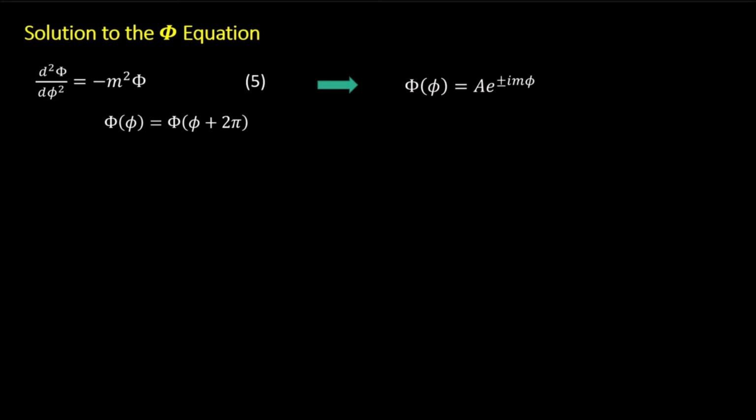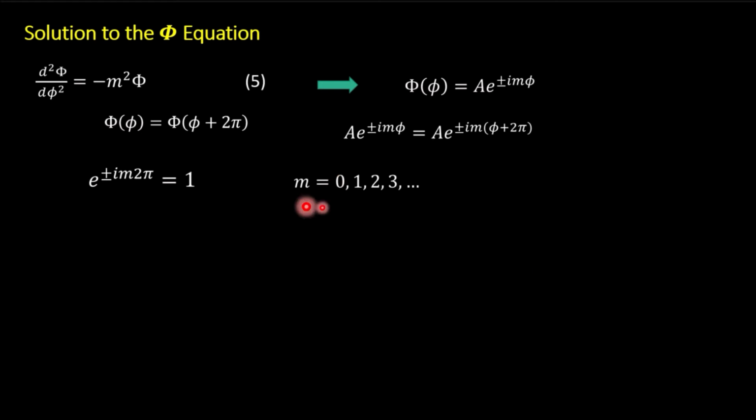That means the constant m can have only integer values. So the solution to the phi equation requires e raised to i m 2 pi equal to 1, with the values of m restricted, because only for these values of m will this equation become 1.